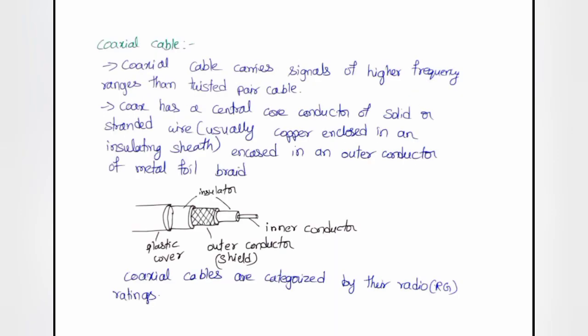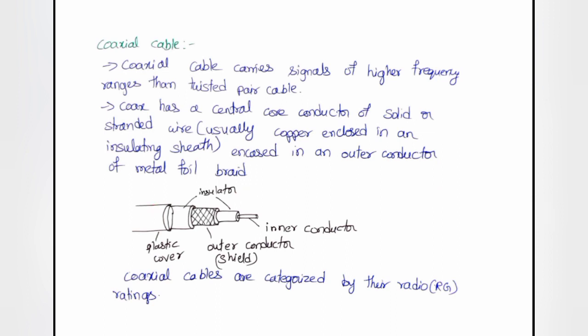So next one is the coaxial cable. Coaxial cable carries signals of higher frequency ranges than the twisted pair cable. Coaxial has a central core conductor of solid or stranded wire, usually copper, enclosed in an insulating sheet, encased in an outer conductor of metal foil braid.